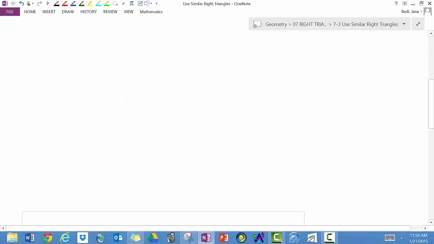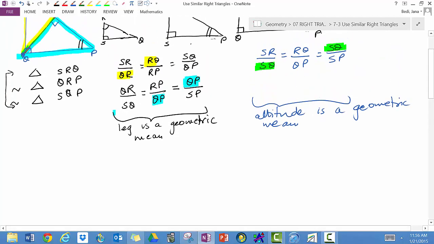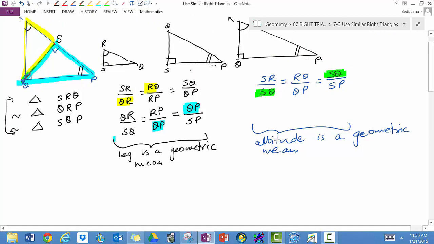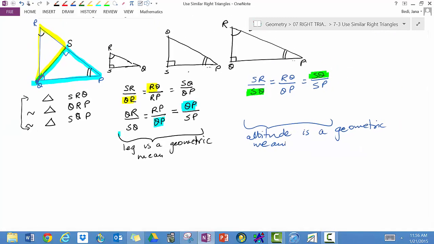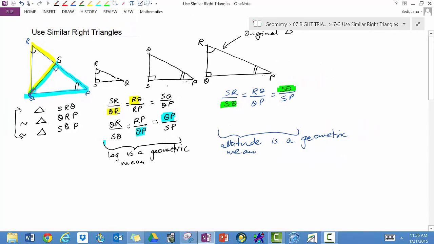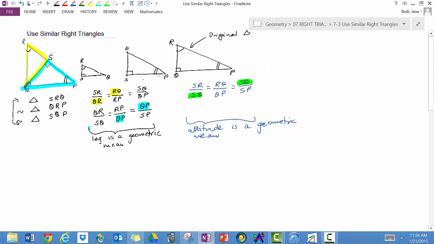So we're going to make up some numbers here. Let me see if I can do it this way. Yes, I can. I'm going to make this a little bit smaller, a little bit smaller again. Alright, that'll give me enough room.